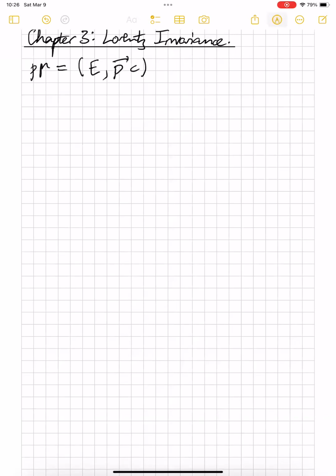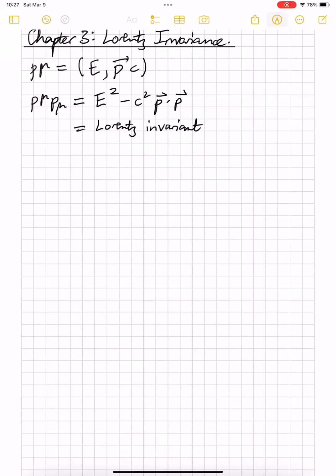Now, you know that if we take P mu, well, these indices should be summed. There's one upper index, one lower index, and this will give us something that is Lorentz invariant. Well, if I work out what this is, it's just E squared minus c squared into p dot p. And this is Lorentz invariant. So it doesn't matter what Lorentz frame I work it out in, I'll get the same answer.